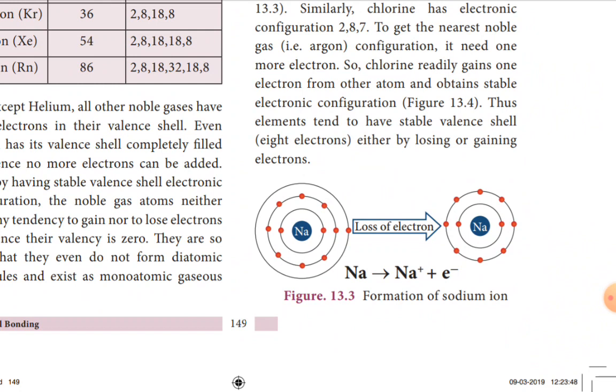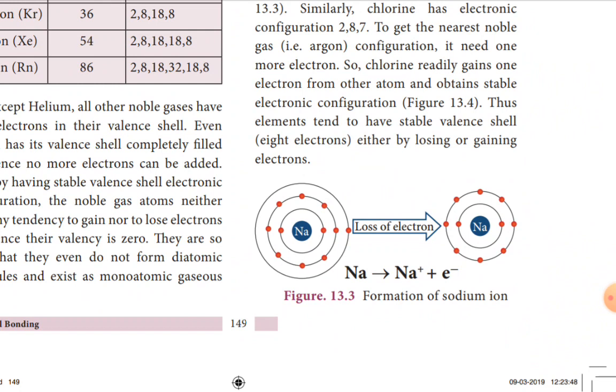One circle depicts one shell. The nearest shell to the nucleus is K, then L, M, N. So K shell has 2 electrons, L shell 8 electrons, and the outermost shell has 1 electron.